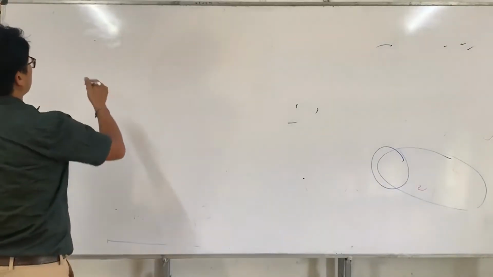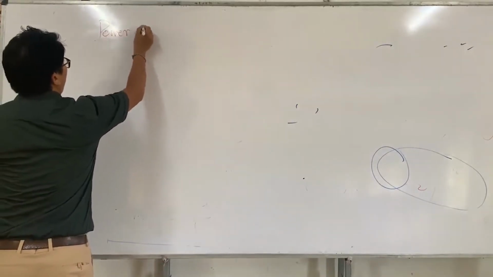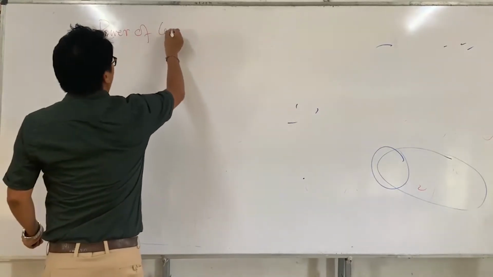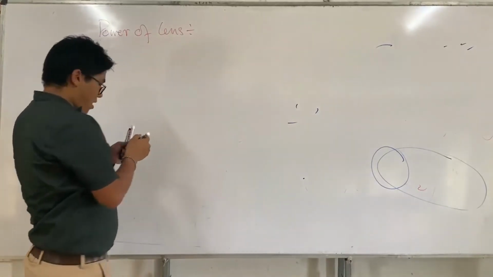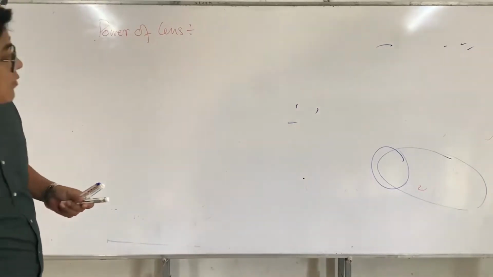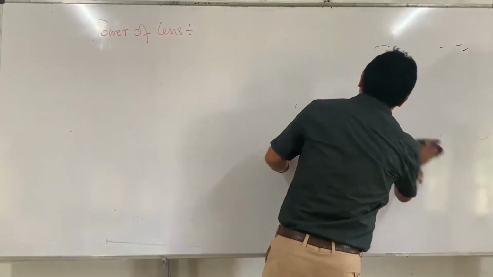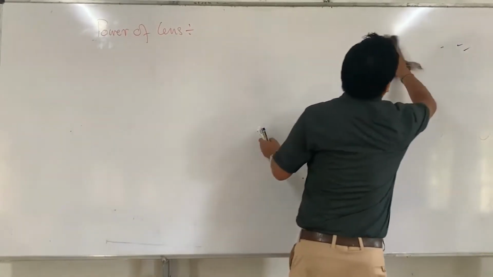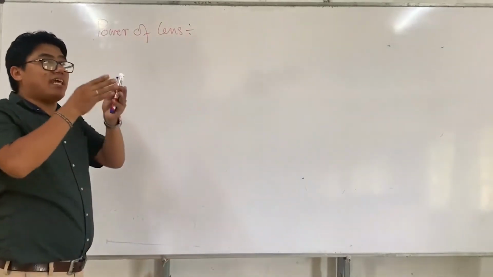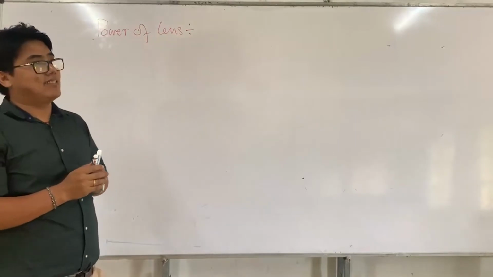If I ask you a question, what does a lens do if a ray falls on a lens? If I incident a ray or a beam of light on a lens, what does the lens do?